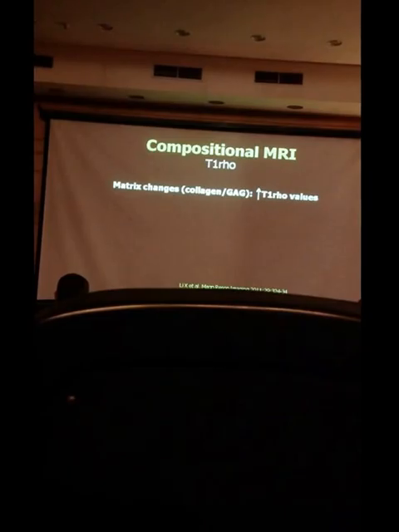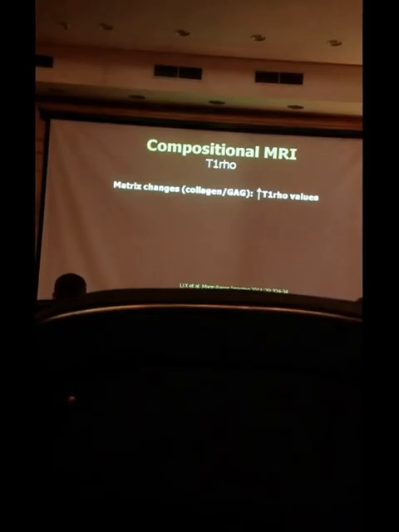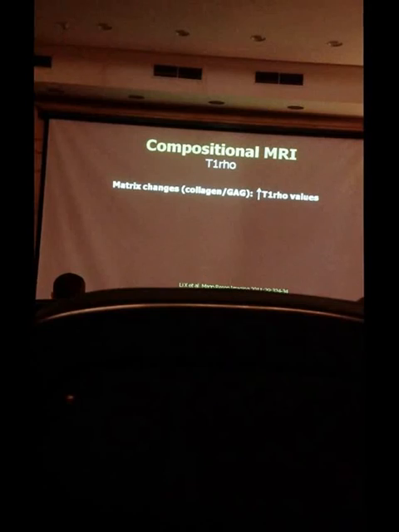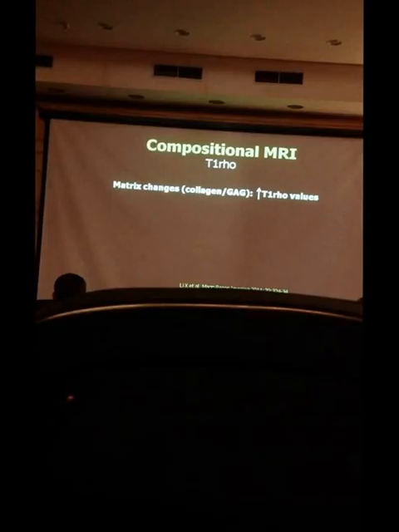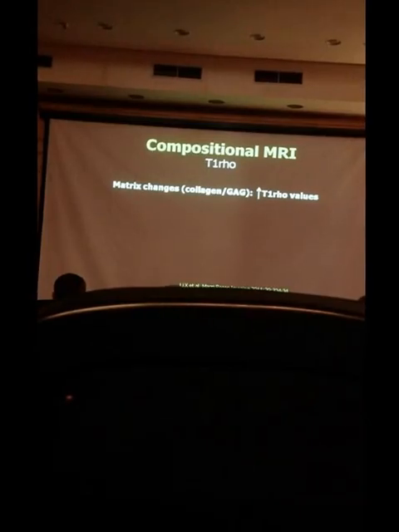And to end the MRI assessment, there is a fairly new technique called T1 rho. This is capable of monitoring changes of collagen and GAG content within the cartilage, but recent studies show that it's more associated with the proteoglycan content, which is even better because it's the really initial stage of degeneration.